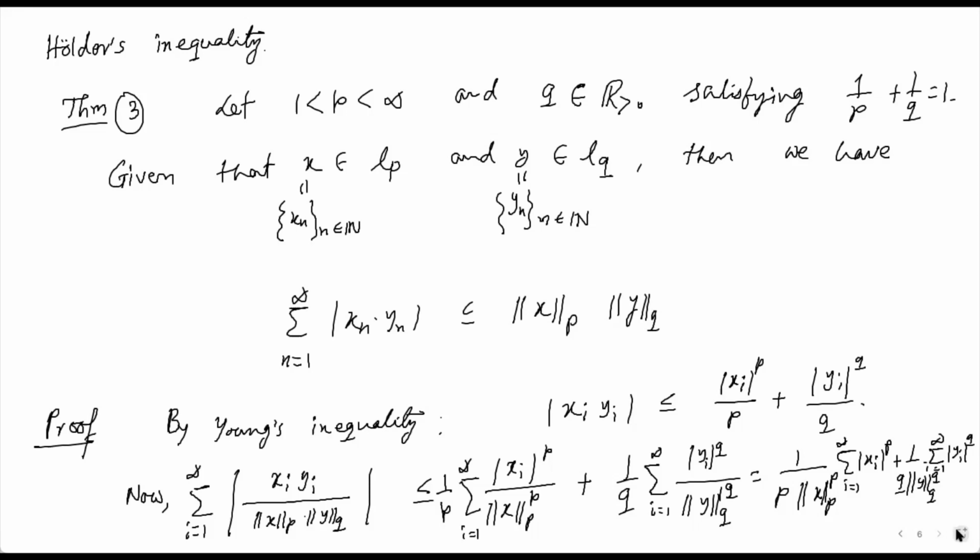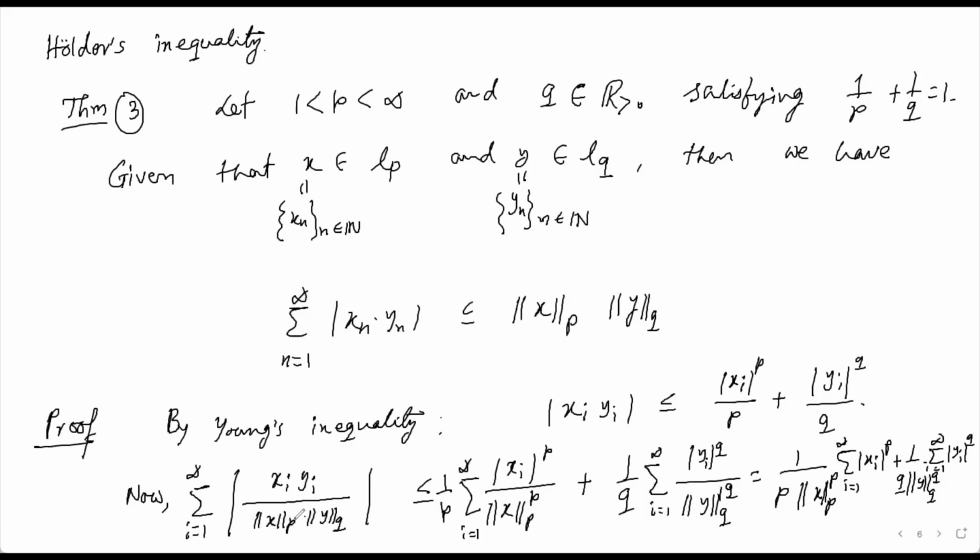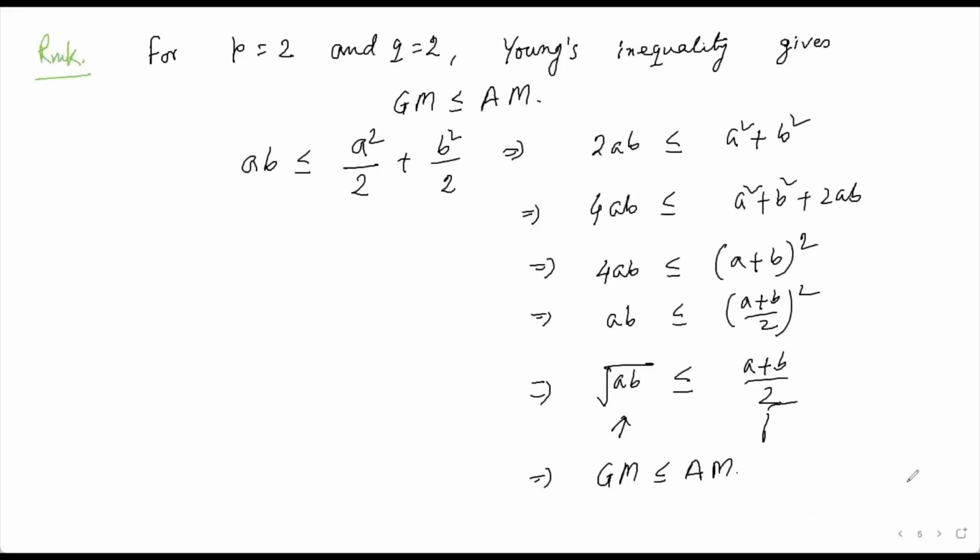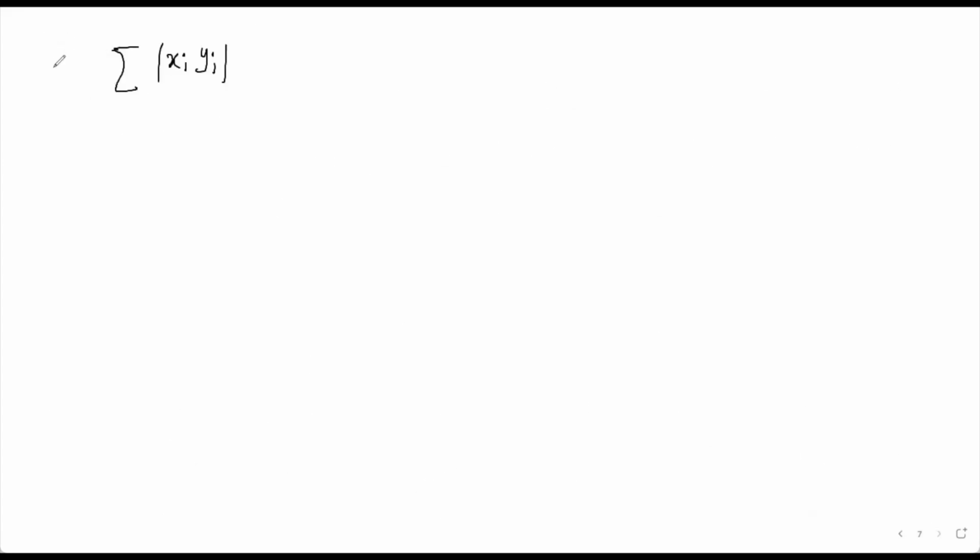Okay, so let us go to the next page. This is equal to the summation of the absolute value of x_i y_i, and let us take this constant quantity outside, 1 over the p norm of x times the q norm of y, summation over i equal to 1 to infinity, and this is less than or equal to 1 over p plus 1 over q.